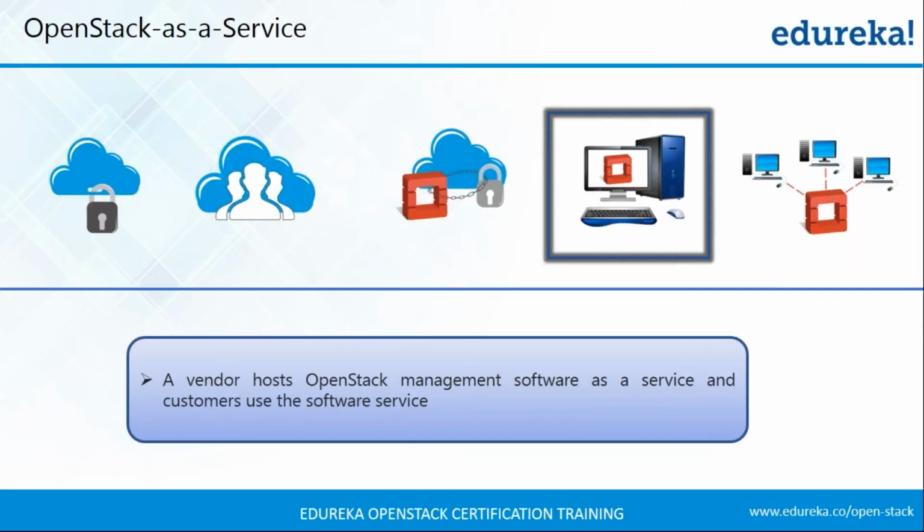So one example is TryStack that you can use if you want to just launch 3 instances and you just want to go through OpenStack. You can use that, which is a sandbox. So this is an example of OpenStack as a service. So your cloud vendor sets up everything and you can just access whatever they have installed in their system. So they'll give you the access for that.